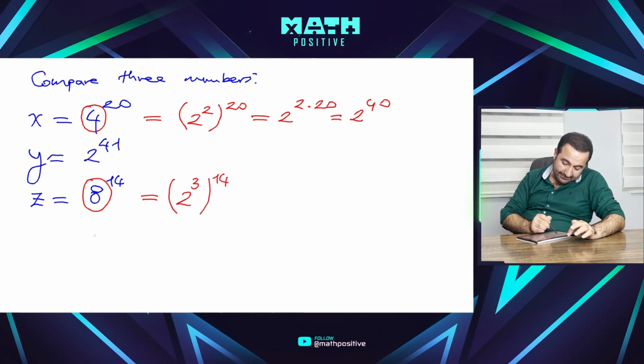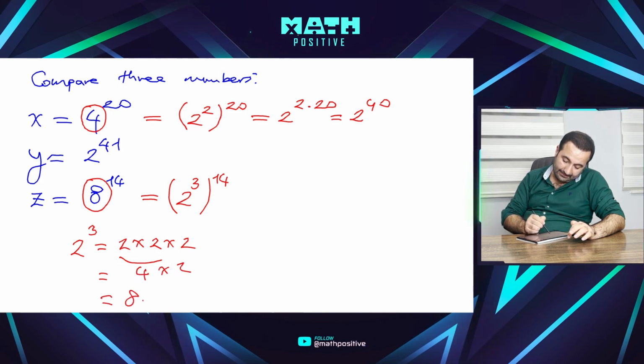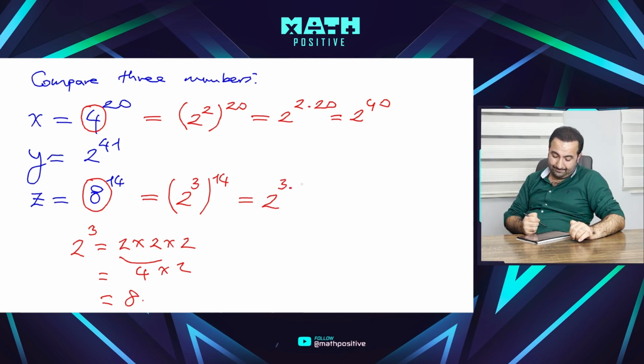If we consider 8 here equals the cube of 2, to the power 14. Cube of 2 equals 2 times 2, which is 4, times 2, and equals 8.